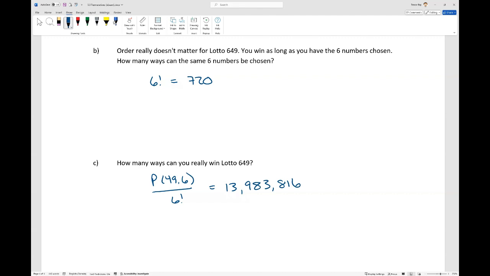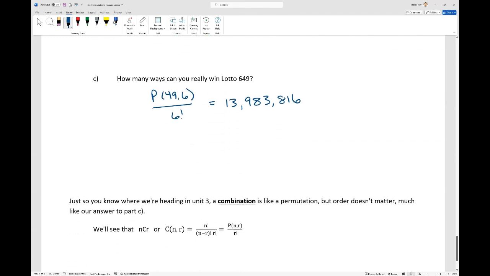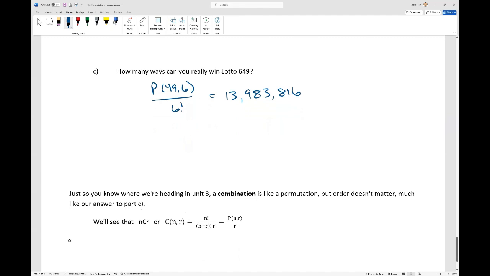And I'm going to give you a little preemptive thing here, and that's that when we get to combinations, you're going to see a combination which has very similar notation to permutations, with a slightly different equation. It's got the n factorial over n minus r factorial, which is the permutation, but it has an additional r factorial on the bottom. So it's exactly what we just saw up here.